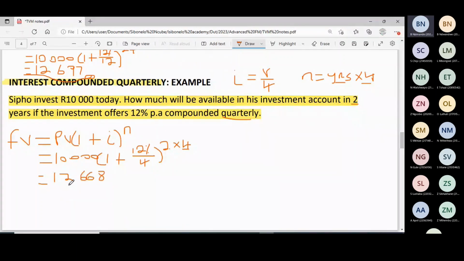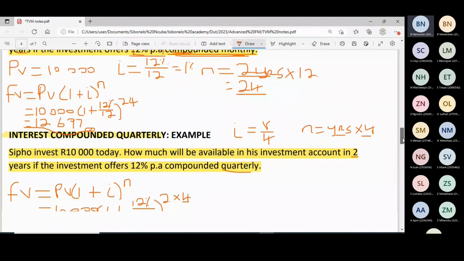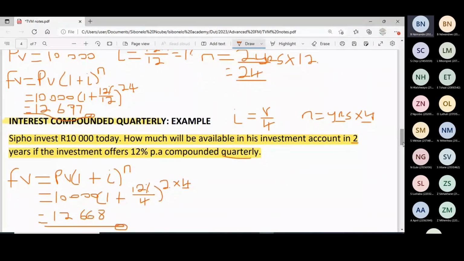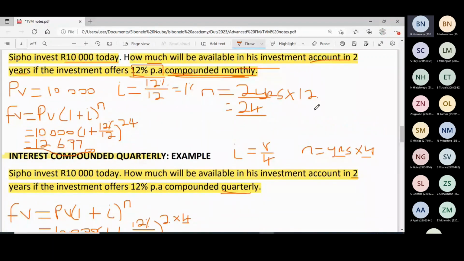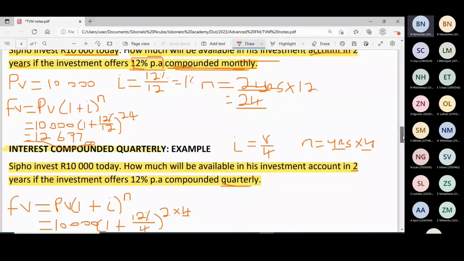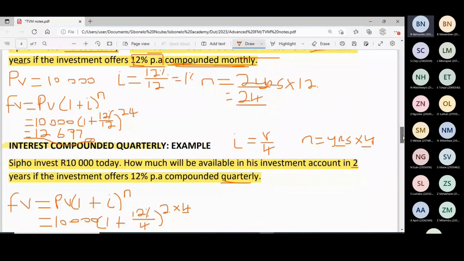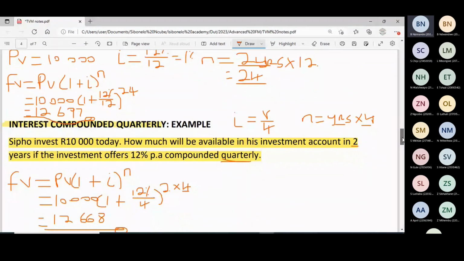All right. Now, maybe you will be asked to advise Sipo. Should he go with the quarterly compounding or the monthly compounding option when he invests his 10,000? Monthly. Why monthly? Because he'll be making more.